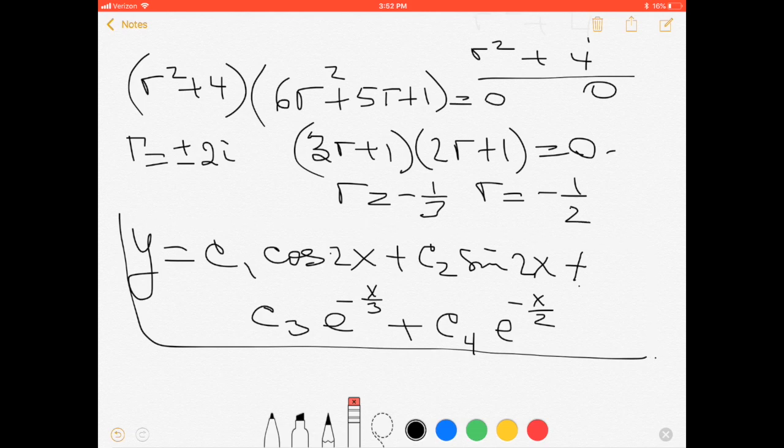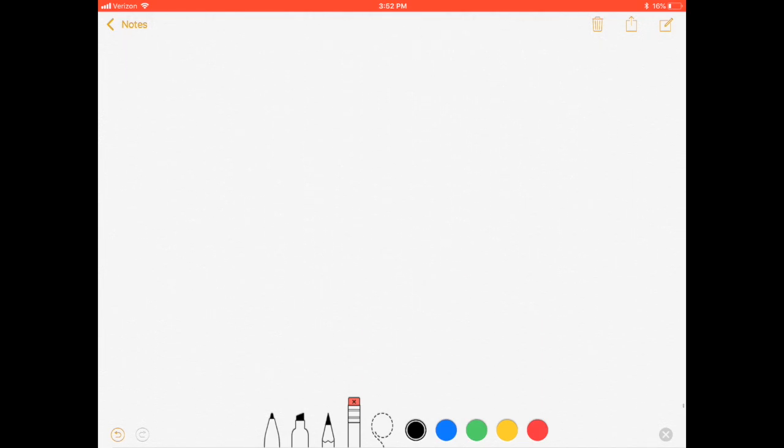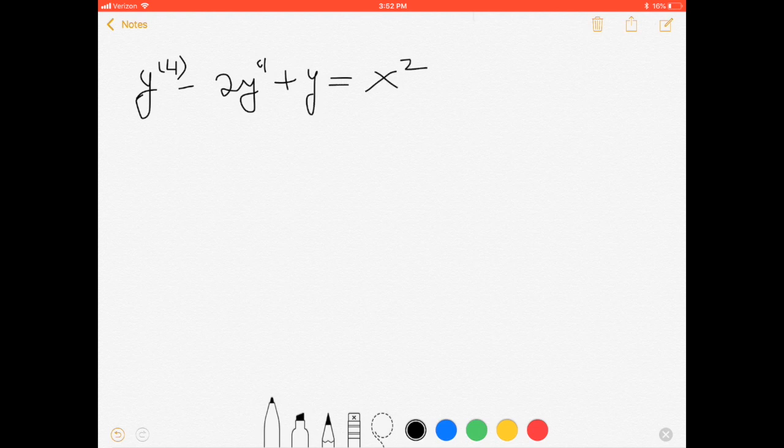First, look, we have a non-homogeneous equation: y to the fourth derivative minus 2y to the second plus y equals x squared.